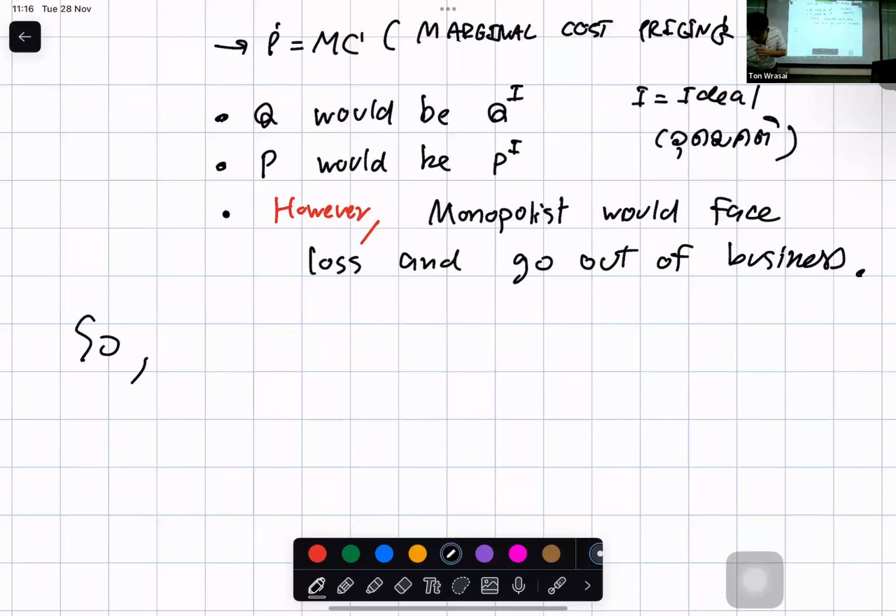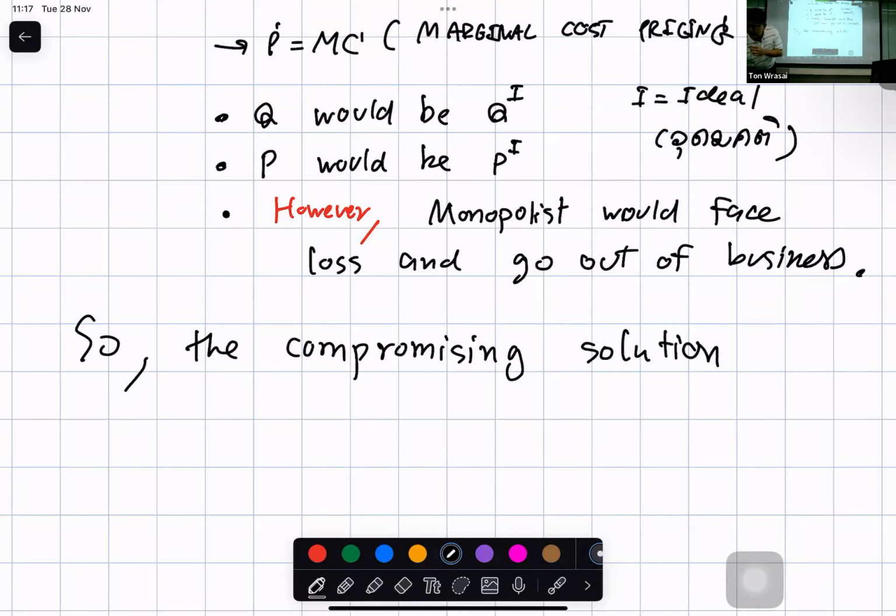So if you are a policy maker or regulator, you would ask for compromising solution would be average cost pricing.